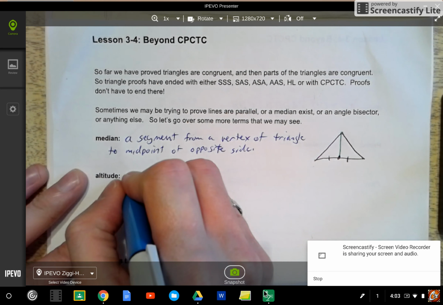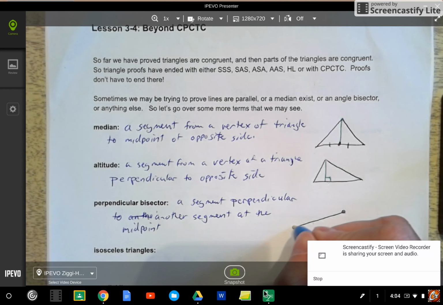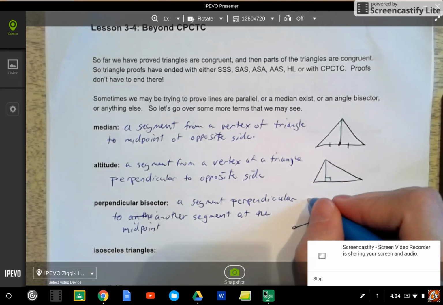Okay, so when we're talking about, hey, let's draw in a random segment here, a perpendicular bisector, I'll draw it in green, we'll do two things. It's going to hit at a midpoint, so these two parts are congruent, and make a right angle. So that does two different things. We've already talked about perpendiculars. We've talked about segment bisectors. So when something does both of those, it's a perpendicular bisector. So that's a lot of information.